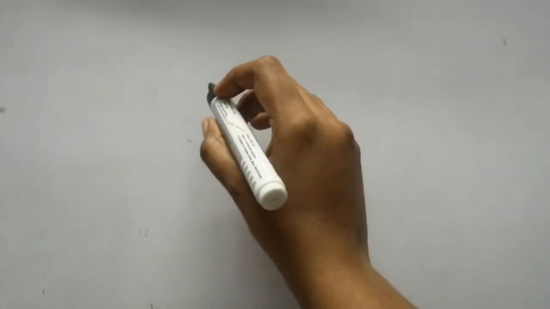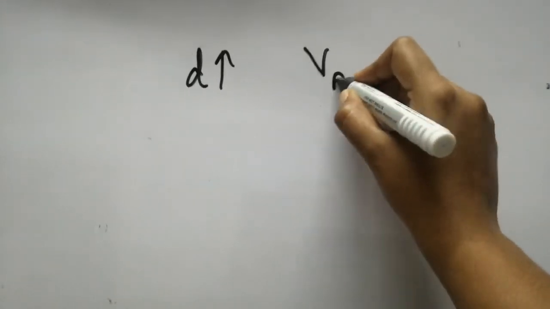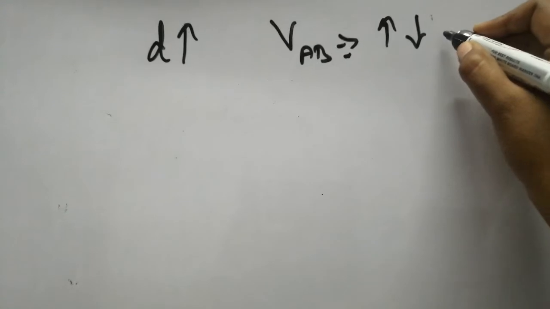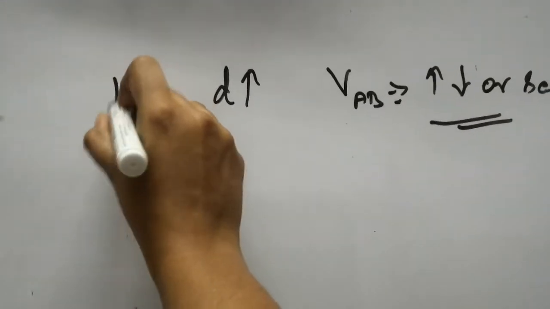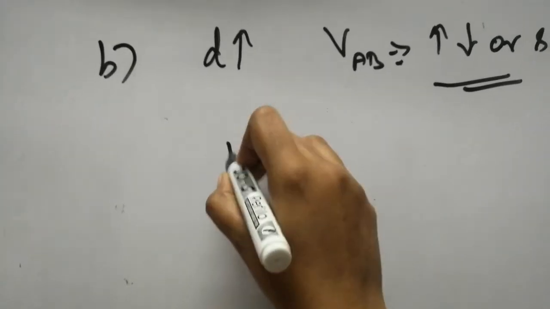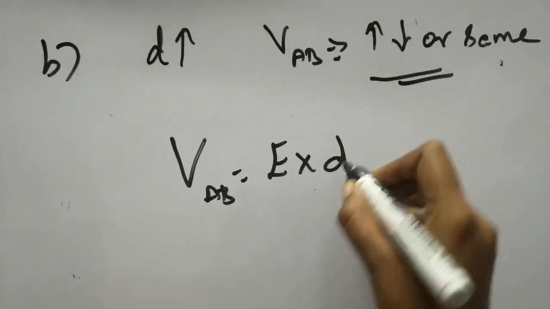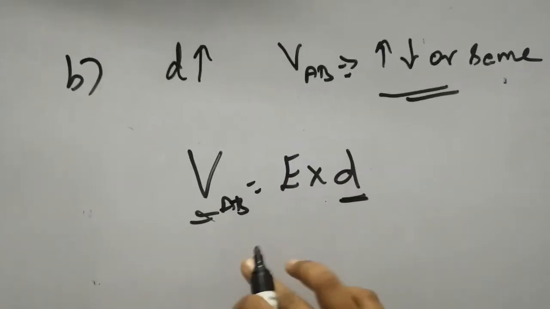In the second case, they have asked, if the distance is increased, what will happen to this potential difference? Will it be increasing or decreasing or remain same? That is the second part of the question, B part. As we know, the potential difference formula is V is equal to E into D. You can see that the potential difference and the distance are directly proportional.